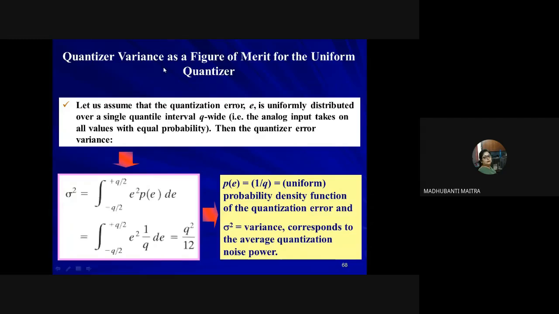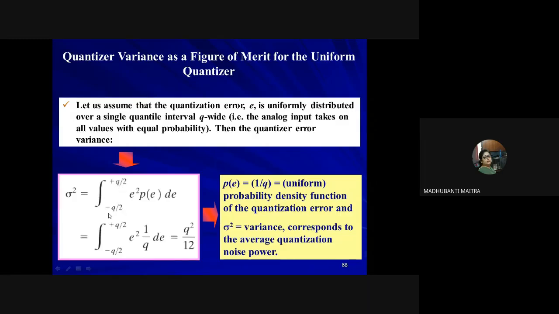Okay, so let us assume that the quantization error E is uniformly distributed over a single quantile interval, which is q wide. That is, the analog input takes on all values with equal probability within this quantile interval. So then the quantization error variance, which will actually give us the quantization noise or quantization error in general, the variance sigma square will be equal to integration over this interval minus q by 2 to plus q by 2.